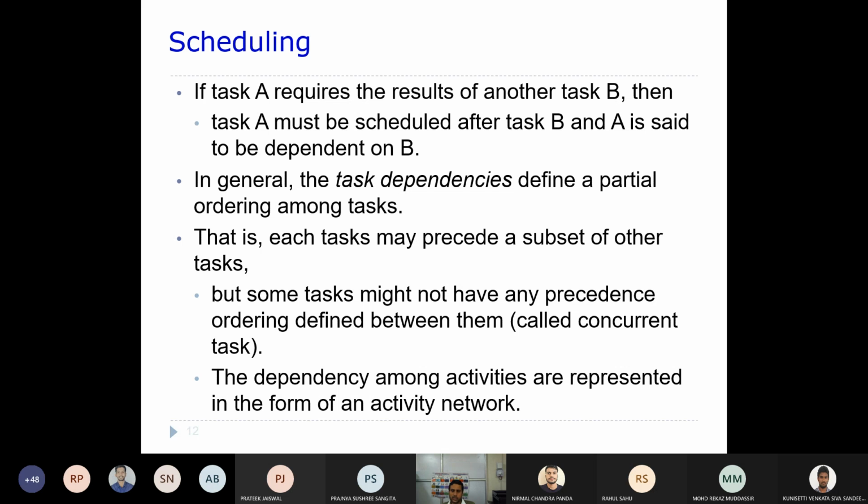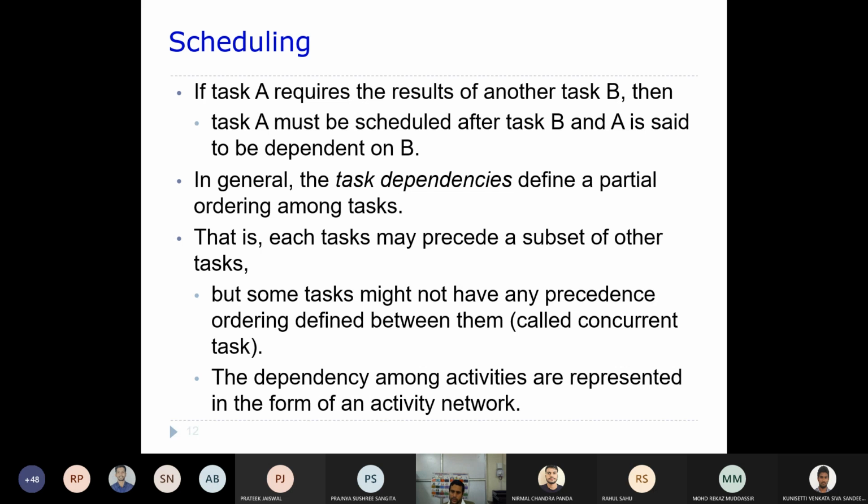Those tasks are called concurrent tasks. They are not going to follow any precedence ordering, so they can be carried out concurrently.